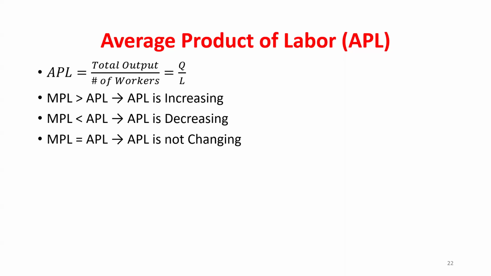What's my average product of labor? Well, this marginal product of the third worker is above the old average, so my new average should be higher. Sure enough, what is 60 over 3? 20, right? Anytime that marginal product of labor is above the old average, my new average is higher. That's just a law of mathematics, all right?